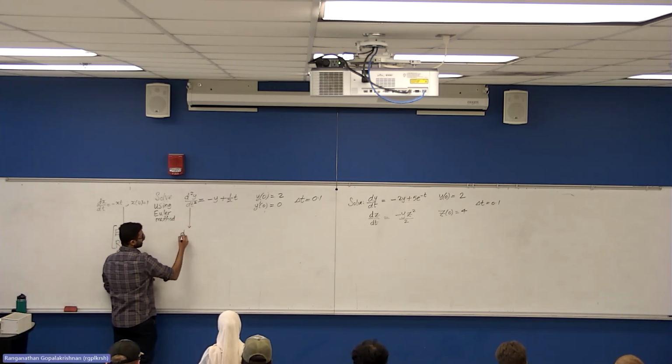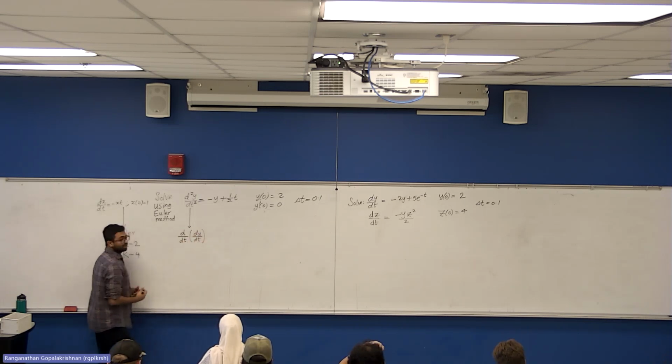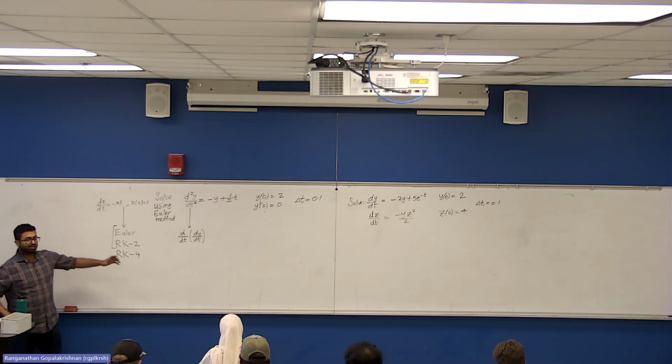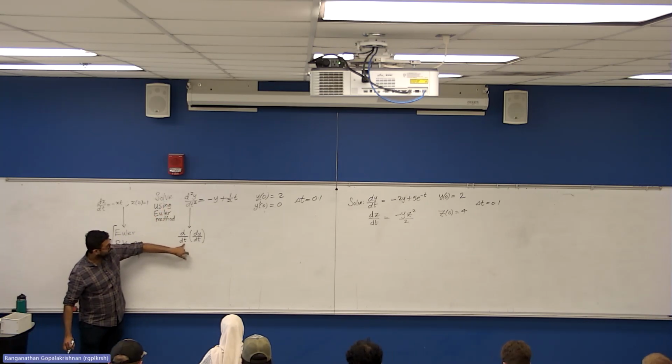So you can write the second derivative as the derivative of the first derivative. You can do that, can't you? The second derivative is the derivative with respect to time of the first derivative.